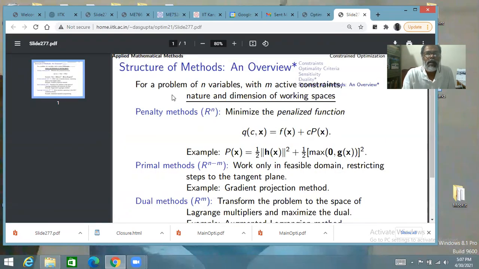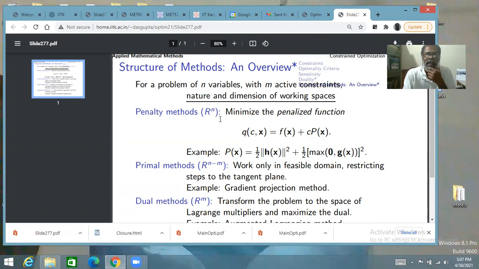For a problem of n variables with m active constraints, the solution methods are classified into four families of methods, based on the domain in which the method operates, with special reference to the dimension of that space. The simplest kind of methods is penalty methods, which operate in the same X space only.